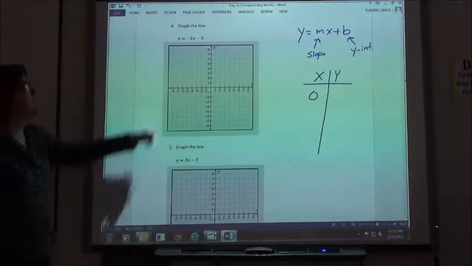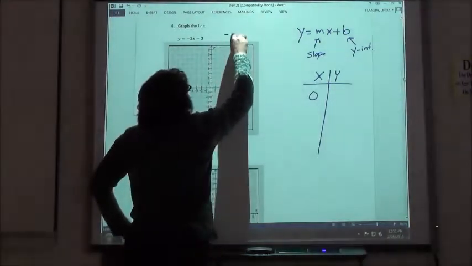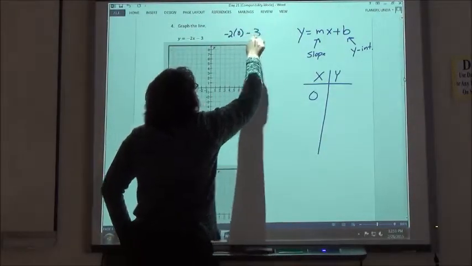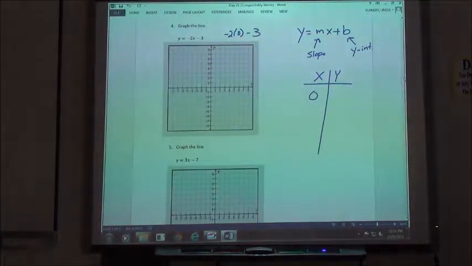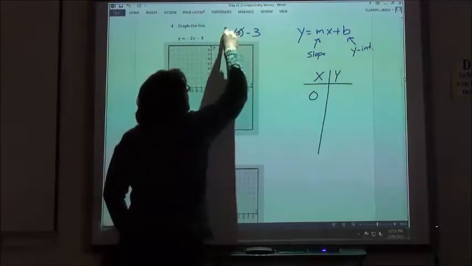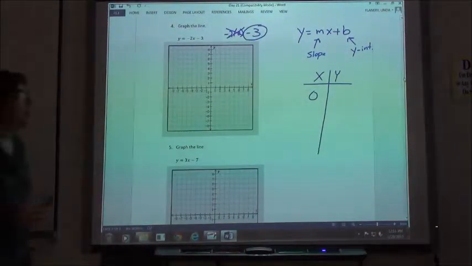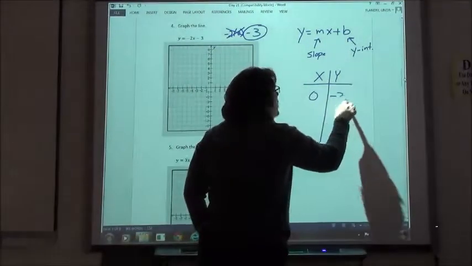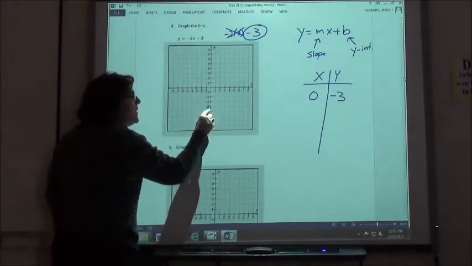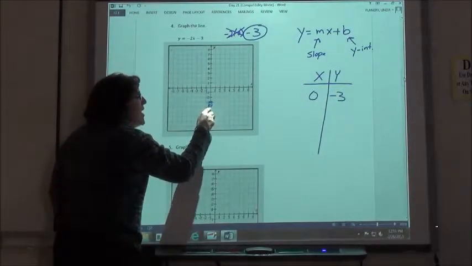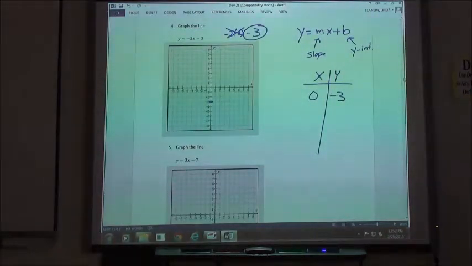If x is equal to 0 and I plug it into my expression, negative 2 times 0 minus 3, what happens? You get 0 for negative 2 times 0, and so you just get that number on the end. So that number on the end ends up being your y-intercept. When you plot the point 0, negative 3, you're going over 0 but down 3, and you end up touching that y-axis right on that number, negative 3.